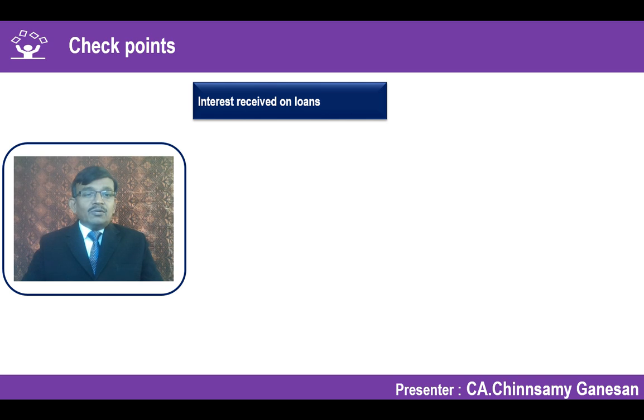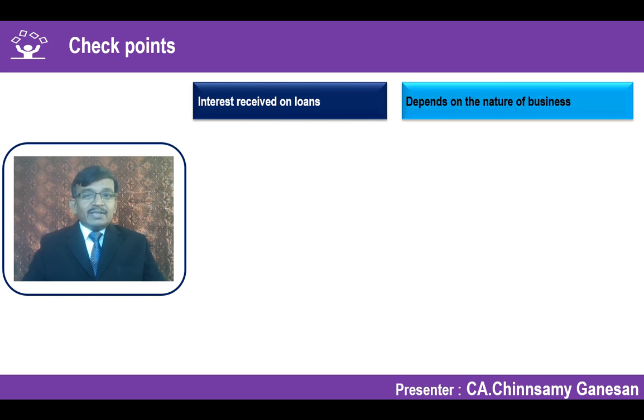Interest received on loans. This confusion starts because loans are shown as part of investing activities. So even any interest is received, it also should be part of that. Why this question arises? But my answer says it depends on the nature of the business.